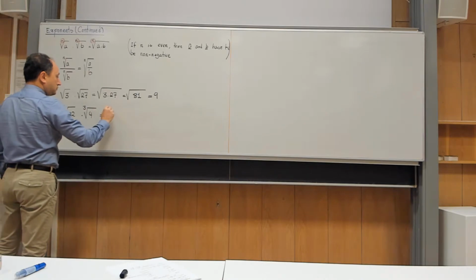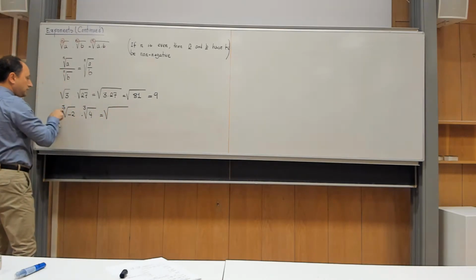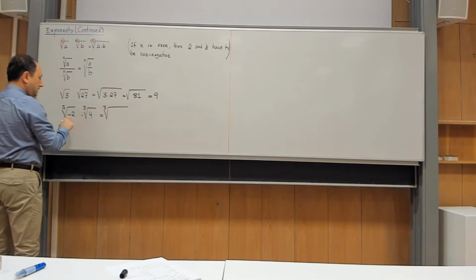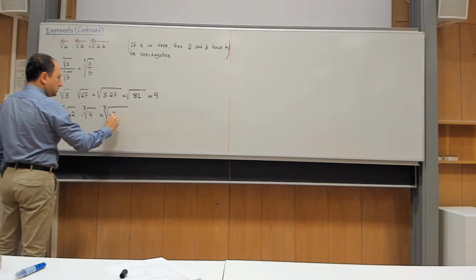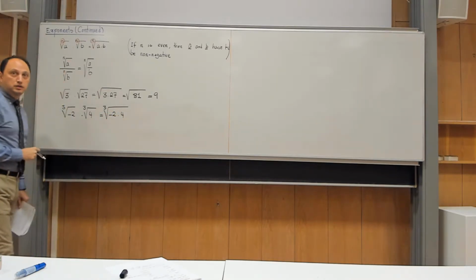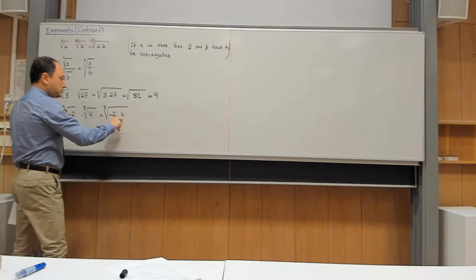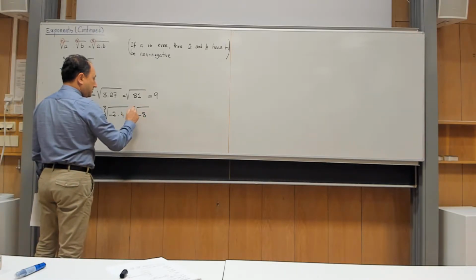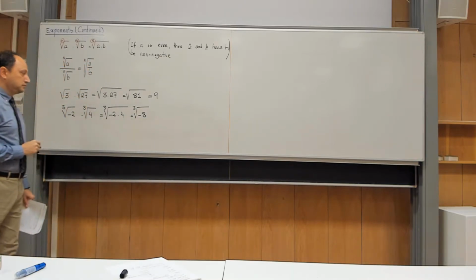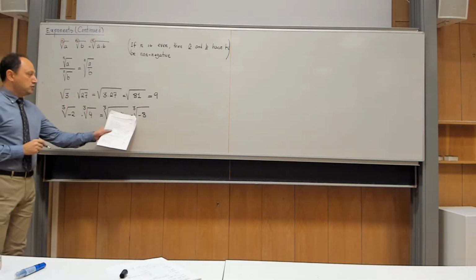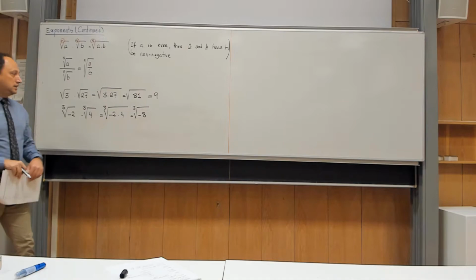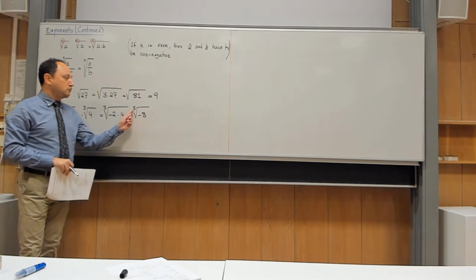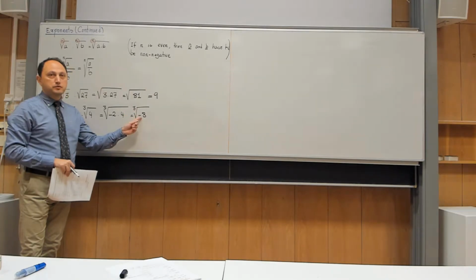So I would write the third root, with this number 3 on top, and then I multiply -2 by 4. And then what happens? -2 times 4 is -8, and then I have the third root. You can of course answer this question here. This is asking you, can you give me a number so that when I raise it to power 3 it becomes -8?